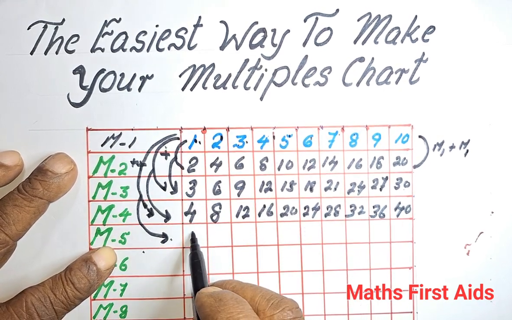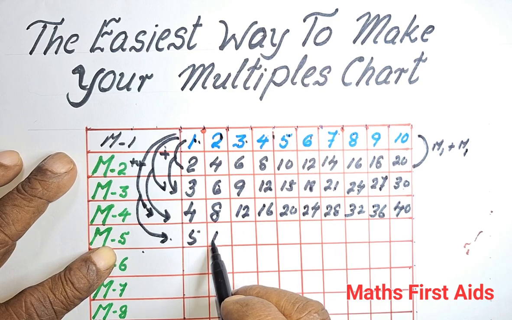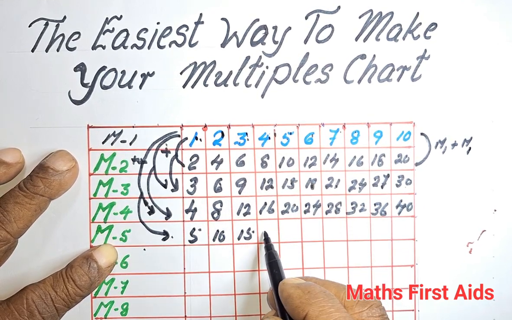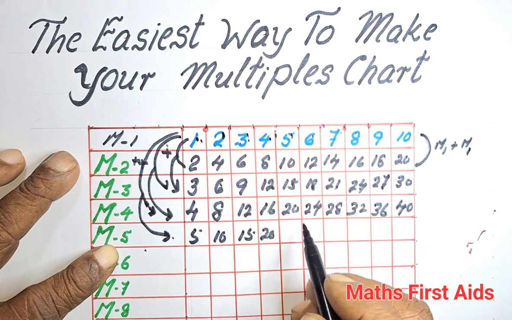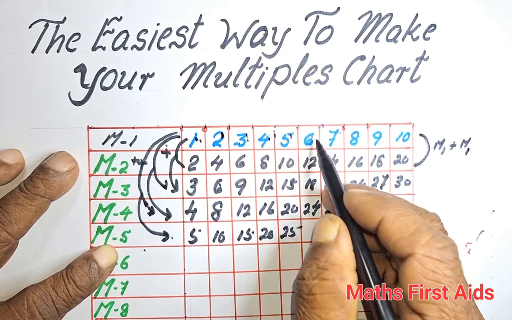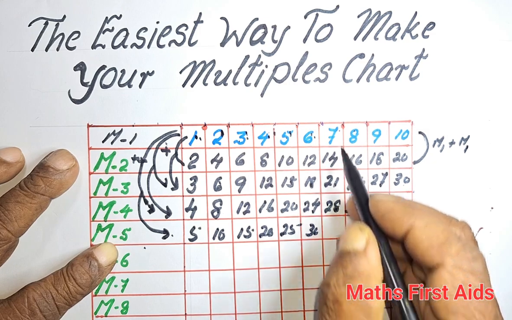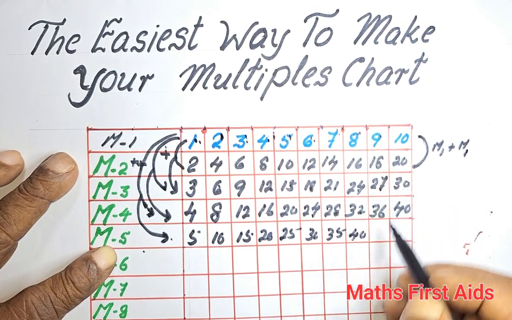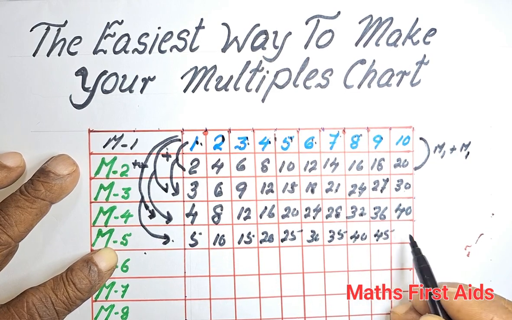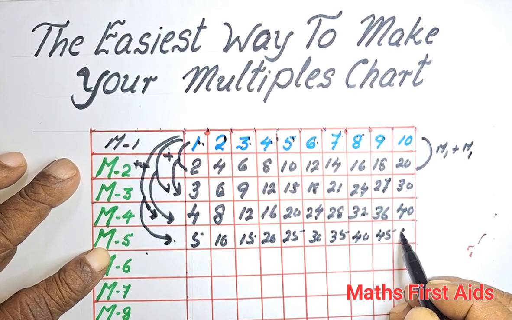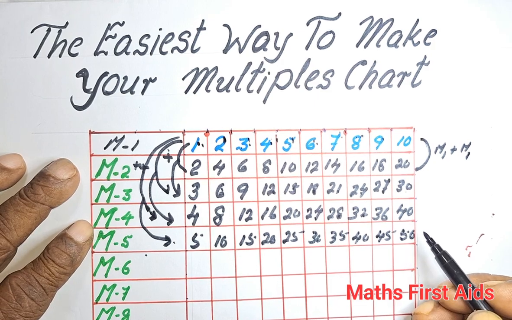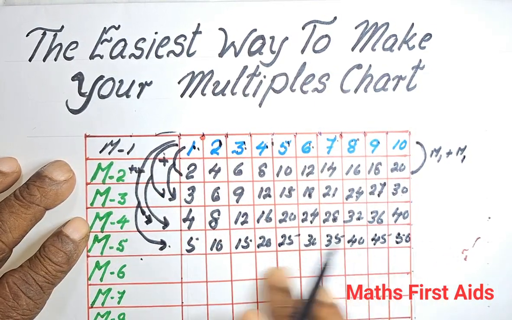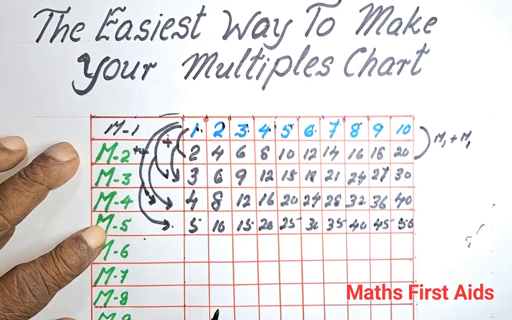So 1 plus 4 is 5, 2 plus 8 is 10, 3 plus 12 is 15, 16 plus 4 is 20, 20 plus 5 is 25, 30, 28 plus 7 is 35, 32 plus 8 is 40, 45 and 50. Okay. So in the same way you can follow this method and you can continue to fill up to 10.